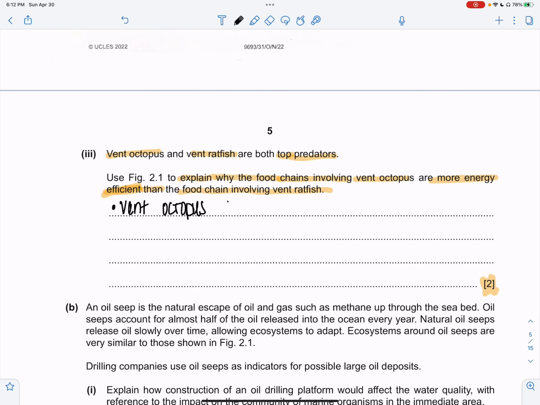So if an octopus has 3 TLs, trophic levels, we're not going to use that abbreviation tomorrow. Or we could say the inverse, the vent ratfish has 4 trophic levels.